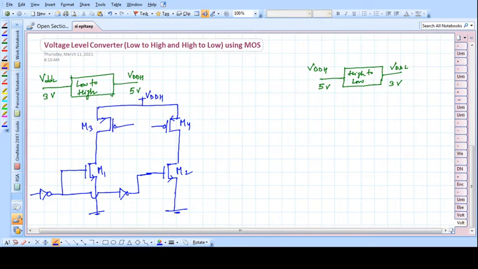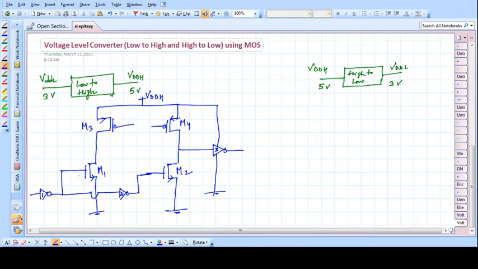Say this inverter is inverter number 1, and this one is 2. And one more inverter I am using here, this one say inverter number 3.